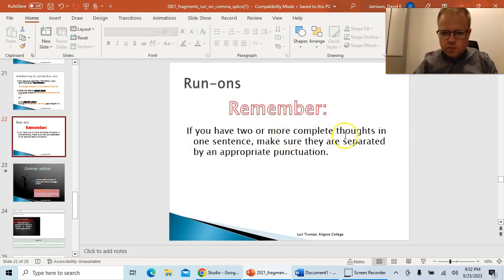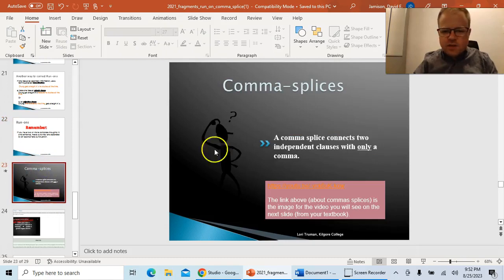Remember, if you have two or more complete thoughts in a sentence, make sure they are separated by the appropriate punctuation. And last of all, comma splices. Again, it's basically the same thing. If you're making comma splices instead of run-on sentences, what you're probably doing is getting confused about what the punctuation you're using is for.